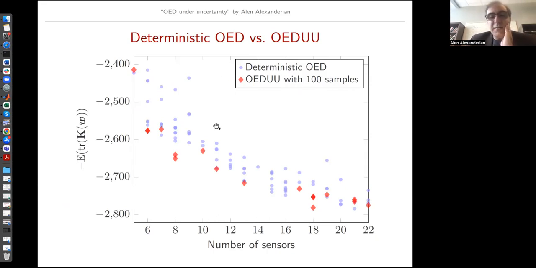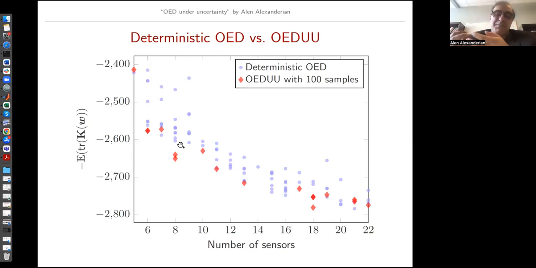As you see, we expect the red symbols that correspond to OEDUU to always be below, but of course we do approximations, so there are sampling errors.